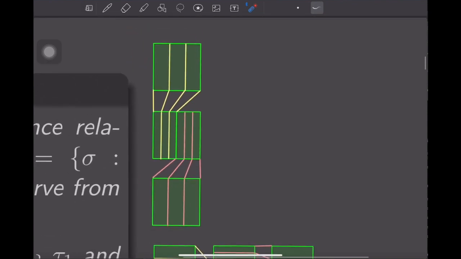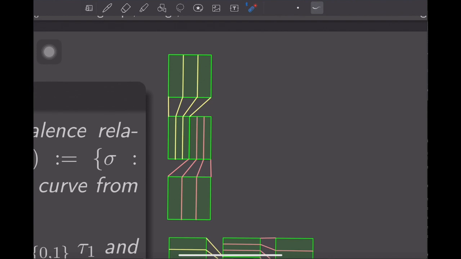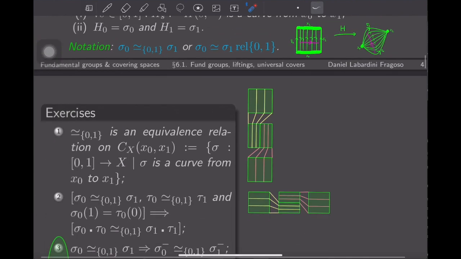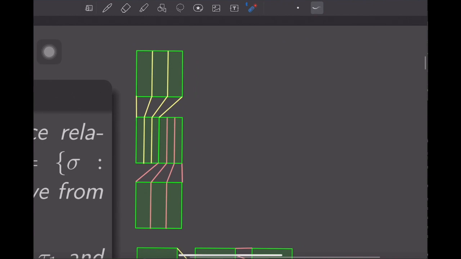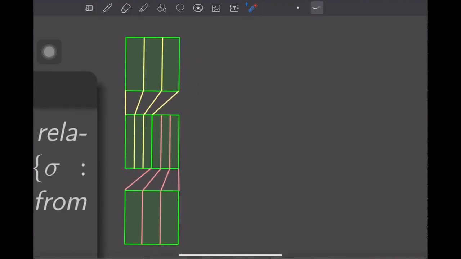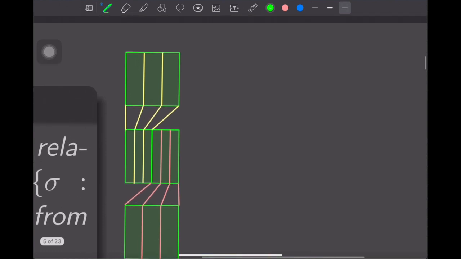So for transitivity, let's say. So let's say that what I have is here a curve, sigma naught, homotopic to a curve sigma 1 from x0 to x1.